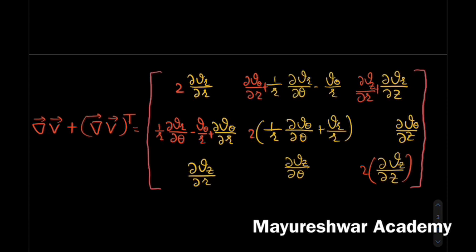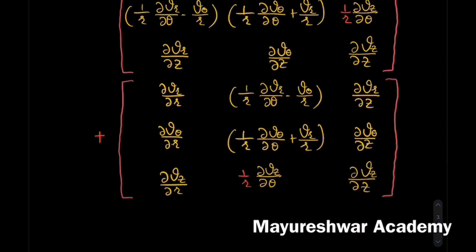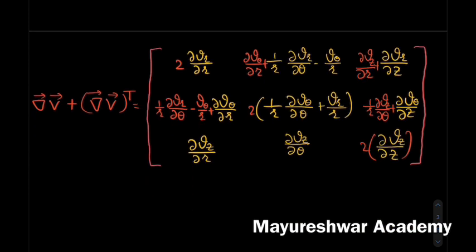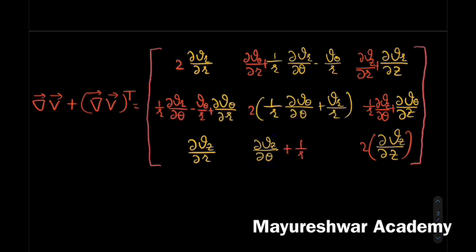So again for theta z, we need to consider this term, 1 over r partial over partial theta of vz. Okay, I have made a mistake while copying this. I have forgotten this 1 over r, so please take care of this. I need to write this over there. Similarly this component will also be plus 1 over r times dvz over d theta, and this component should be dv theta over dz.